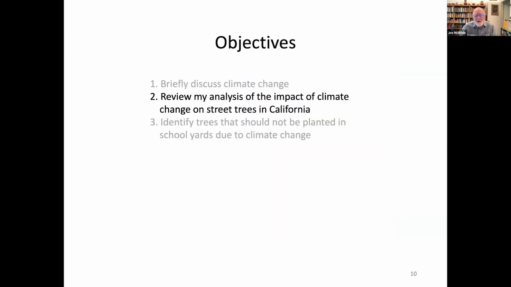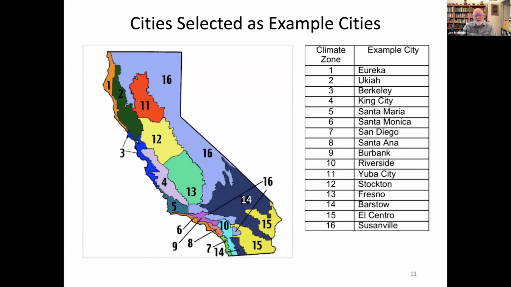Now, the second thing I want to talk about is the analysis of the impact of climate change on street trees in California. This analysis was based on 16 climate zones that you see on the left that were developed by the California Department of Water Resources and were connected to a program called CalAdapt. For each of these 16 zones, we chose an example city that typified the topography and geography of each of the zones.